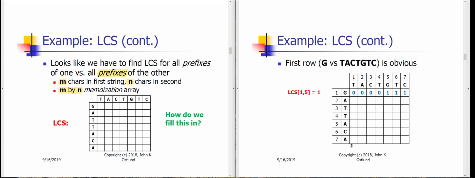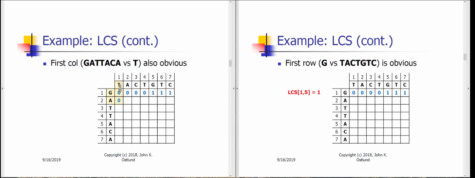Filling in the first column is similarly easy, comparing the 1 symbol prefix T with these increasingly long prefixes G, GA, GAT, and so forth. All right, so we already know that T does not match G. Does T match A? No, so the longest common subsequence of the prefix T versus GA is 0.